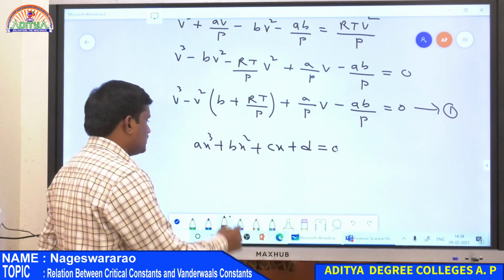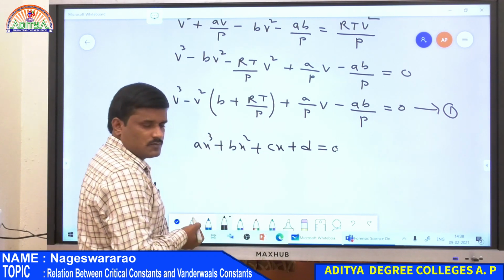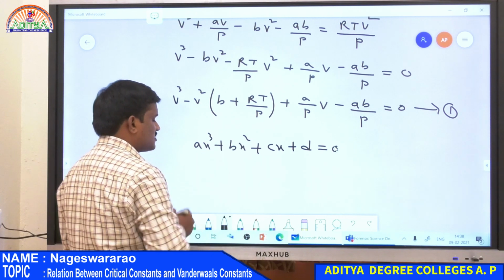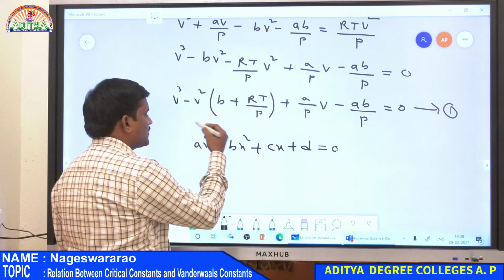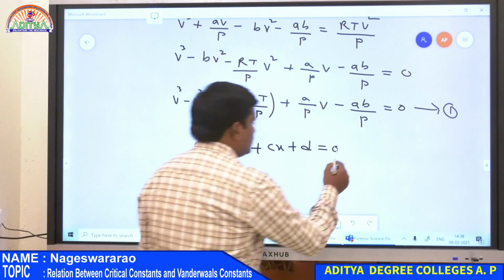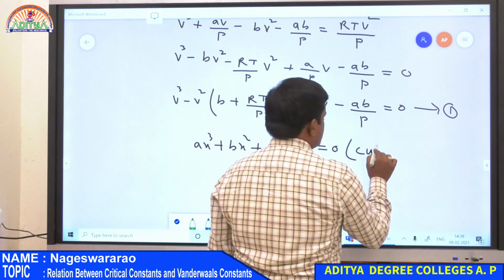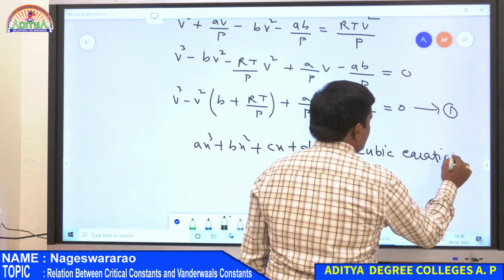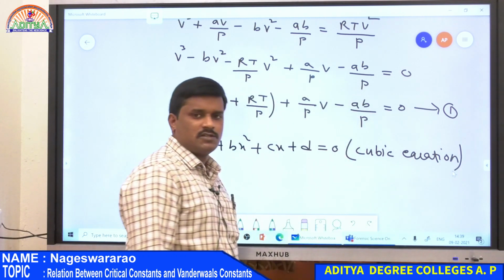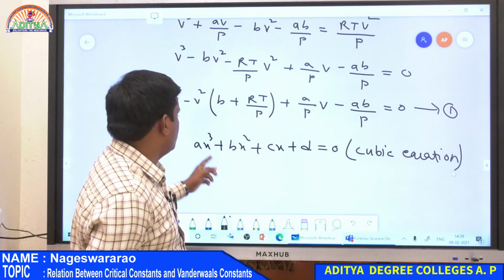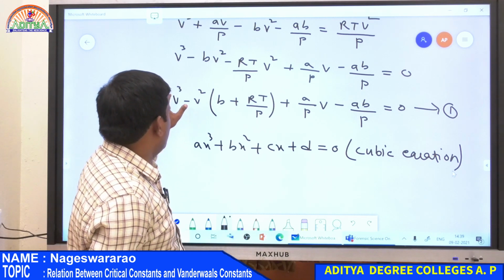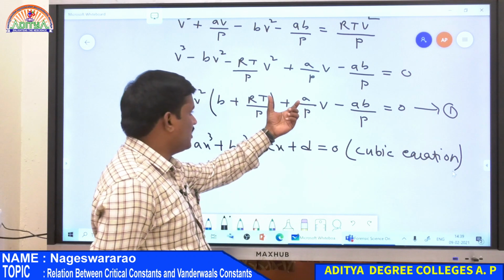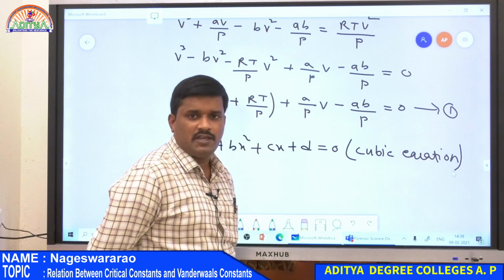Third order means here x cube, so the order of this equation is equal to 3. Therefore this is simply a cubic equation, a cubic equation with order 3. Therefore our equation 1 is a cubic equation.